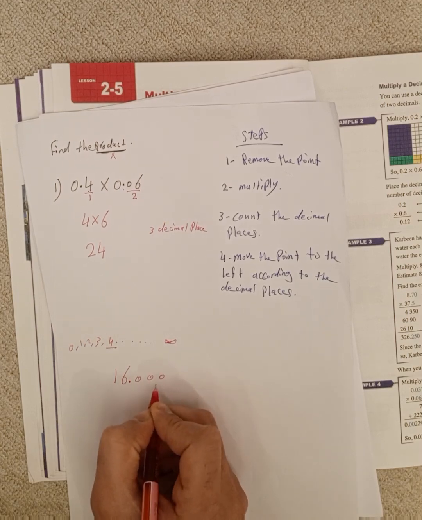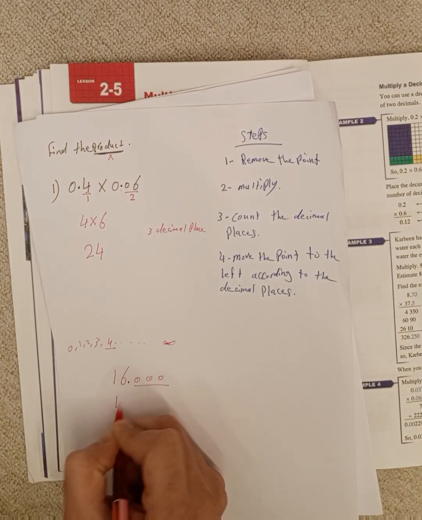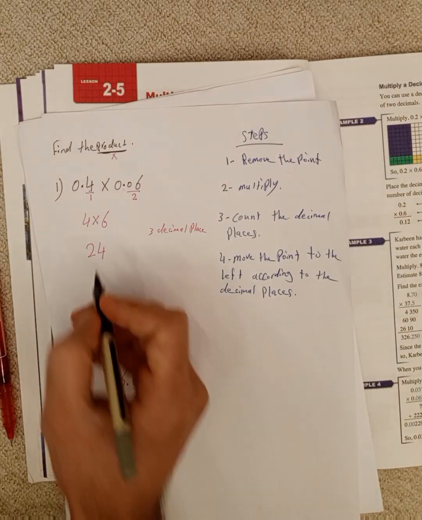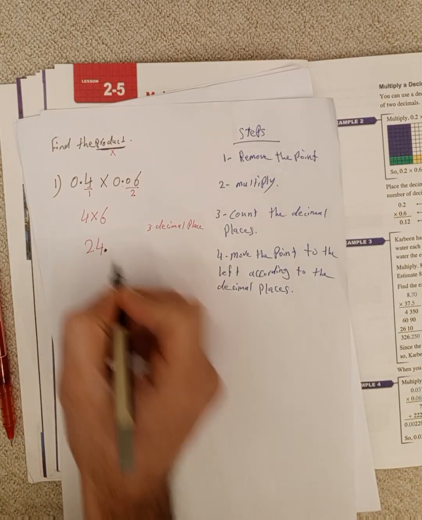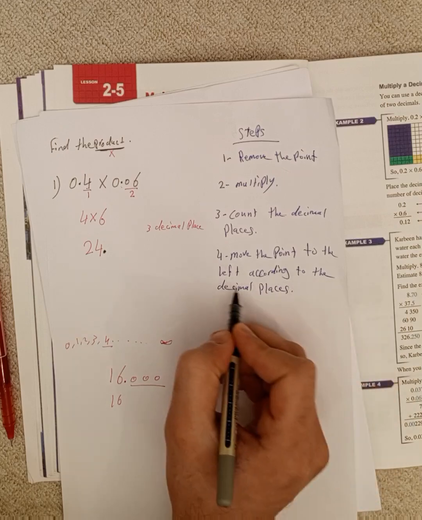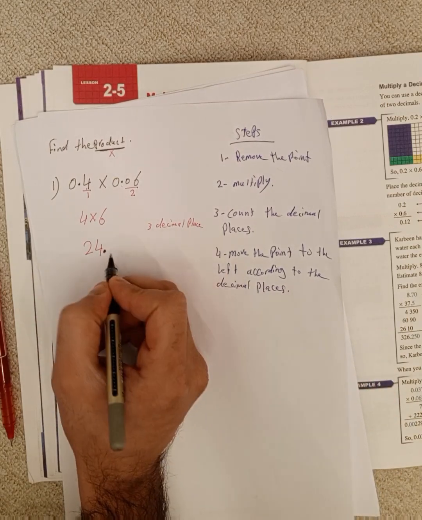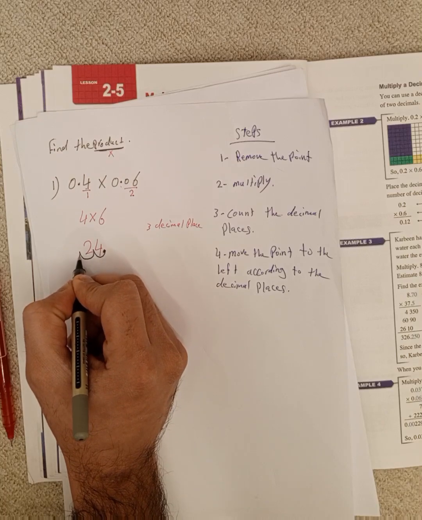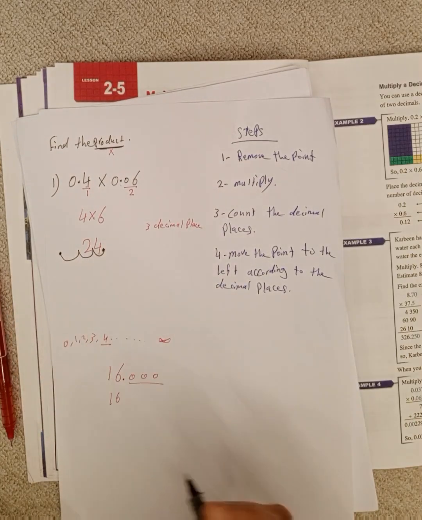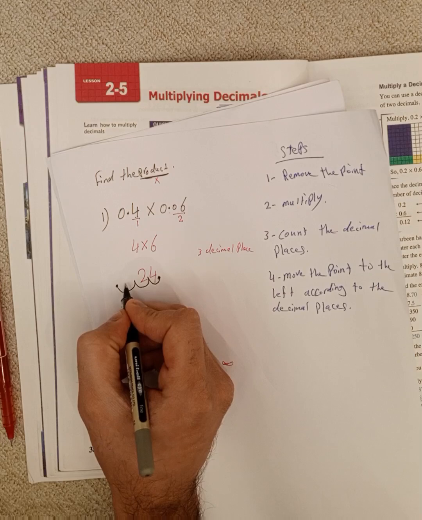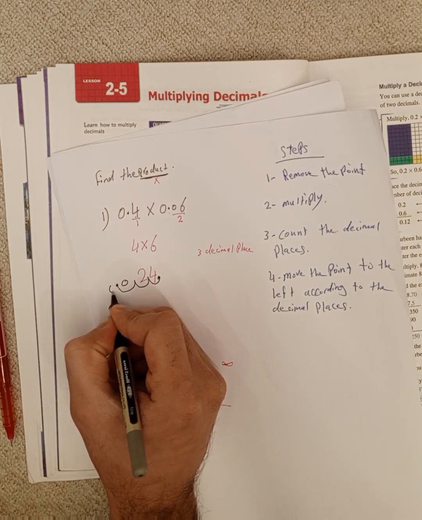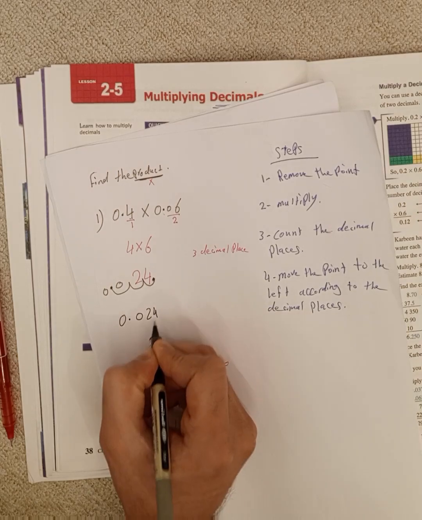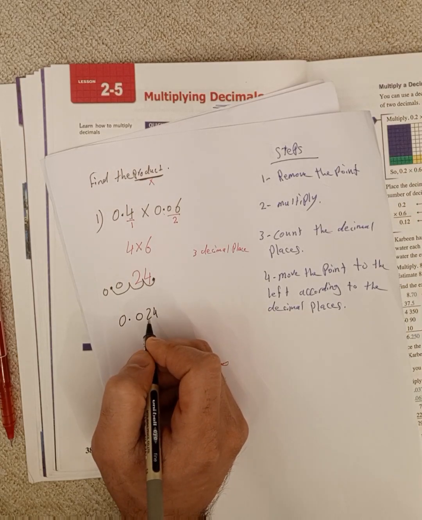If you add more 0s after it, it doesn't count, so the value is still 16. Now move the point to the left according to the decimal places. We have 3 decimals, so move the point to the left 3 times: 1, 2, 3. There is no number in this place value, so put 0. So the answer is 0.024, or 24 thousandths.